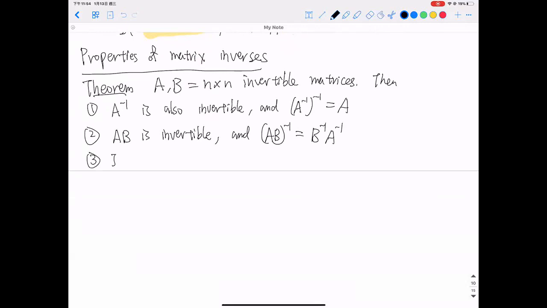Third, if K is a non-zero scalar, then KA, the scalar product, is also invertible, and its inverse is 1 over K times A inverse.